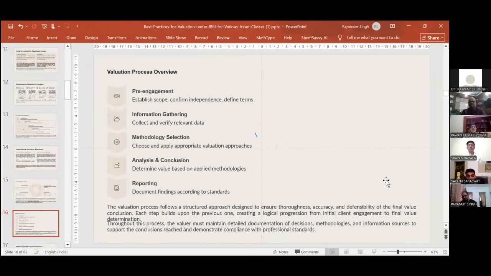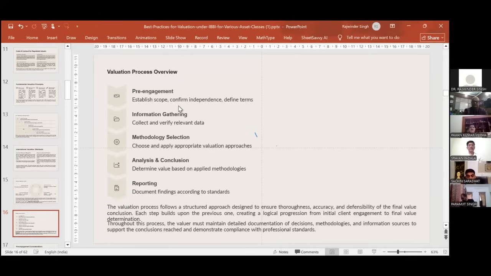So when you are doing valuation, we know the valuation process. It contains certain things which are pre-requirements, and there are certain things which are post requirements of valuation. So first thing is pre-engagement.